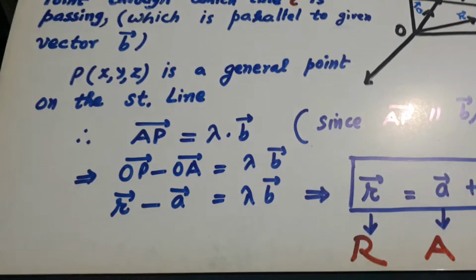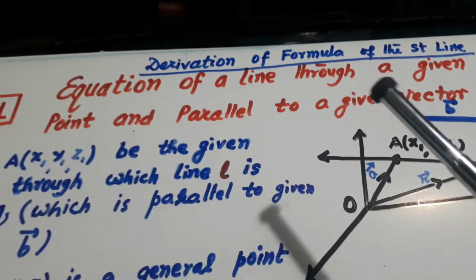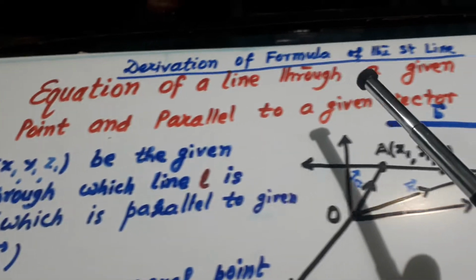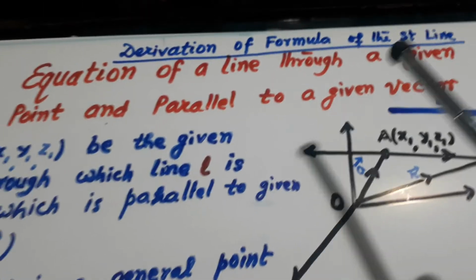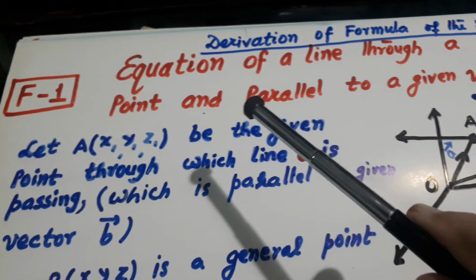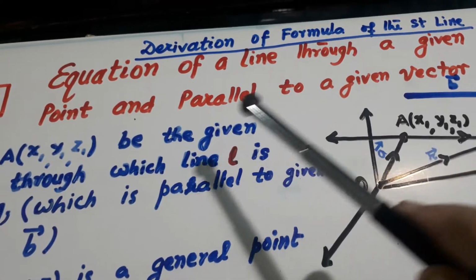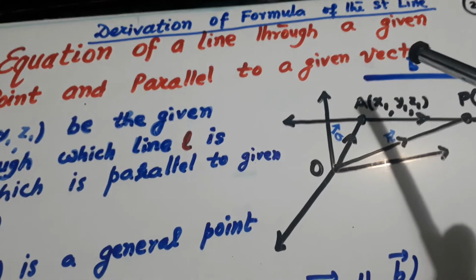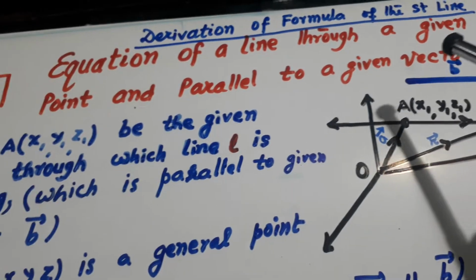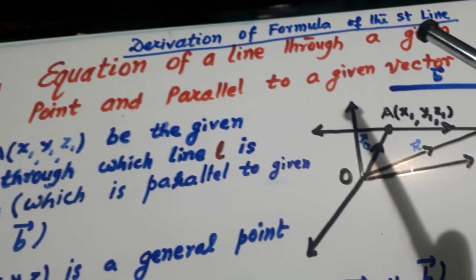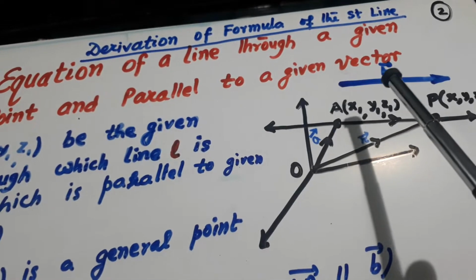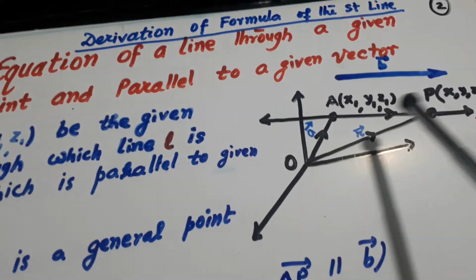Now, look here. Derivation of formula of the straight line. This is case number one. Equation of a line passing through a given point and parallel to a given vector. अभी हमने डिस्कस किया था B के पैरेलल है. This is the vector B. This is the line.